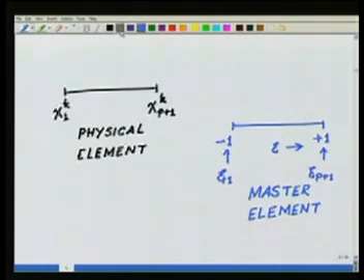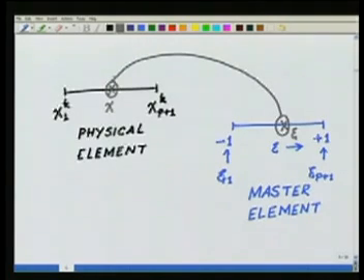And every point in the physical element, that is, you take any point here x, could be obtained from a corresponding point in the master element by a linear map.